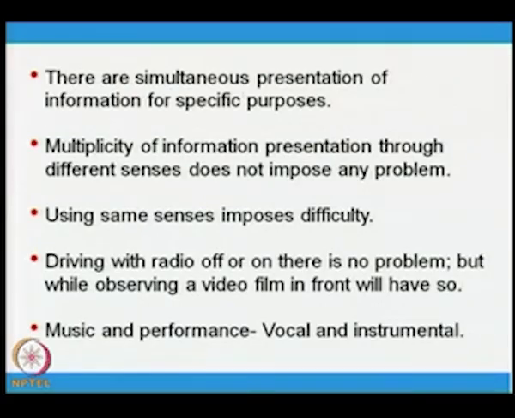There are simultaneous presentations of information for specific purposes. Multiplicity of information presentation through different senses does not impose any problem. Using the same sense imposes difficulty. Driving with the radio off or on, there is no problem. I can drive a car with the radio on, but observing a video film in front will be a problem.